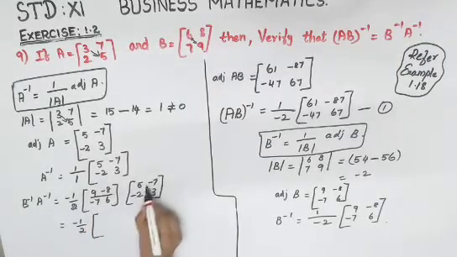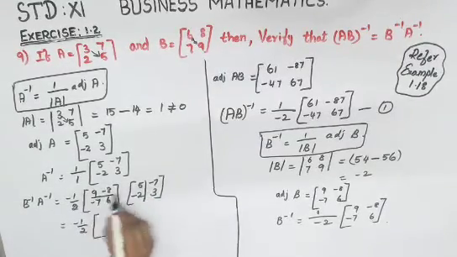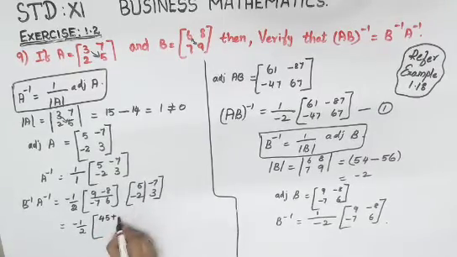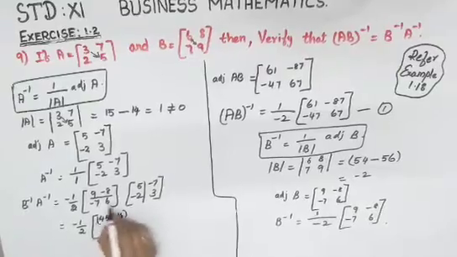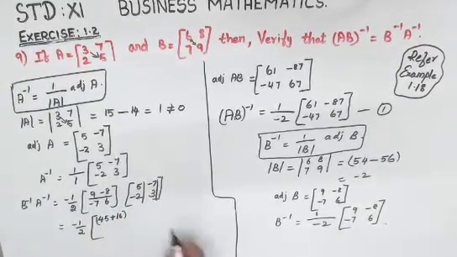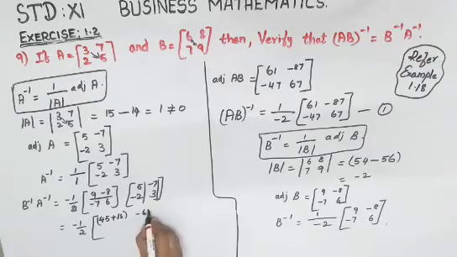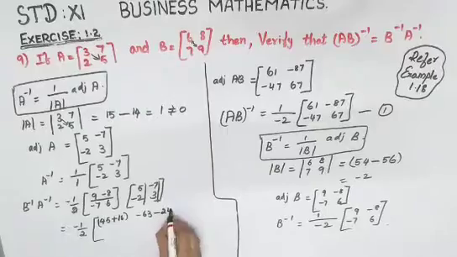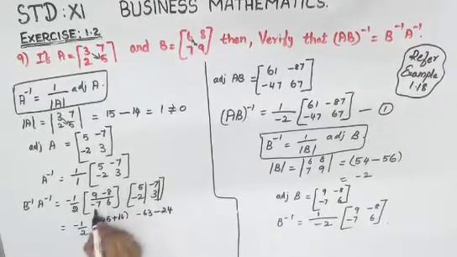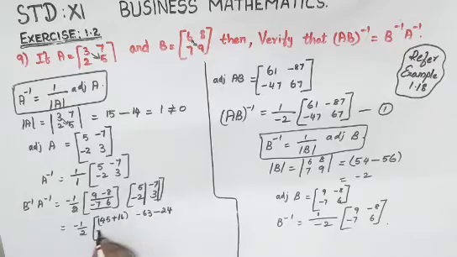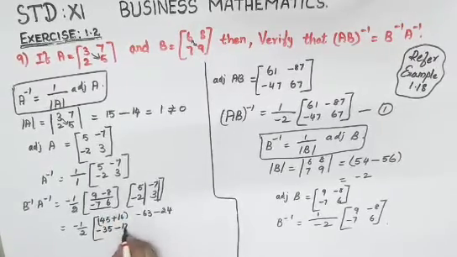First row, first column: 9 5s are 45 plus 8 2s are 16. Then first row, second column: 9 7s are 63 with minus 8 3s are 24. Then second row, first column: minus 7 into 5 is minus 35, minus 6 2s are 12.